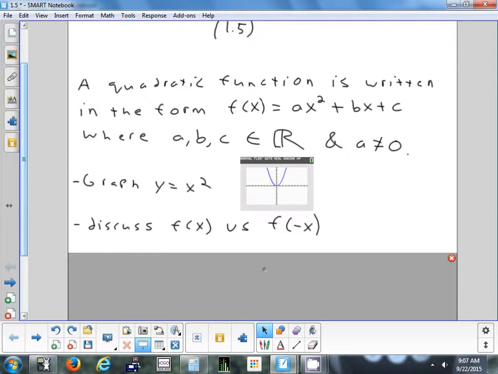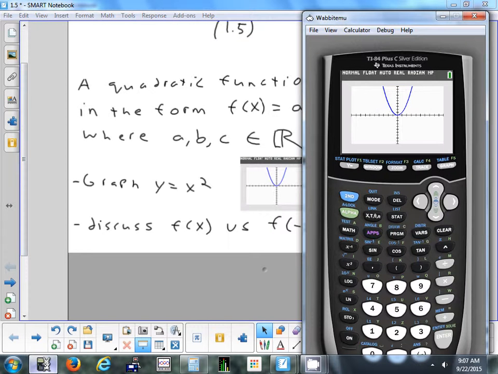Let's see what happens when we put a negative in for x. There's two ways I can do it. I could put the negative inside parentheses and then square it, or I could put it in front. And it does make a difference. I'm going to do it this way first.